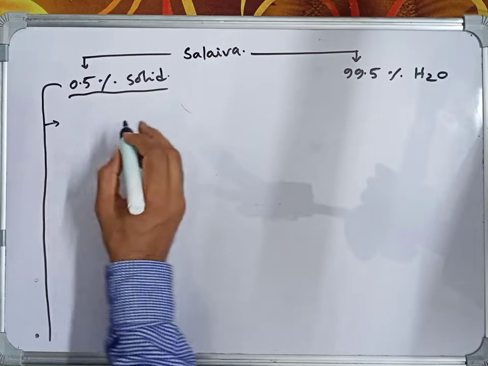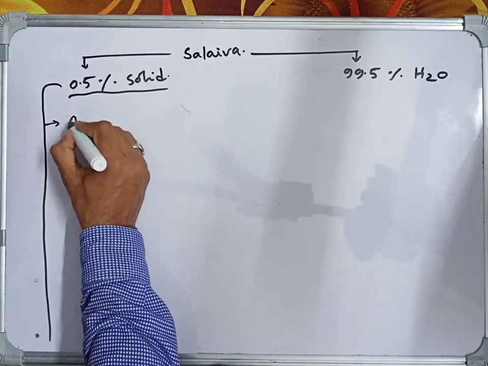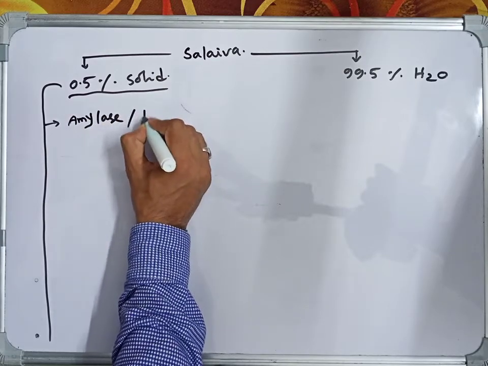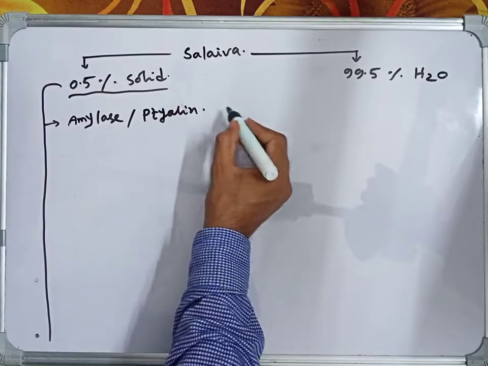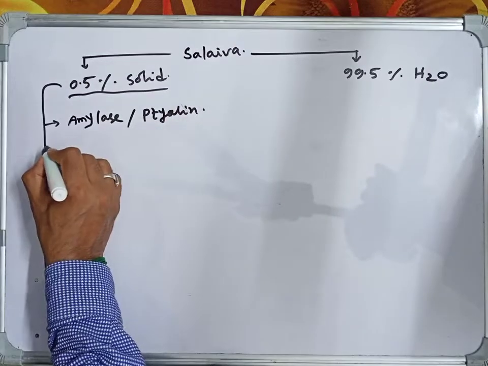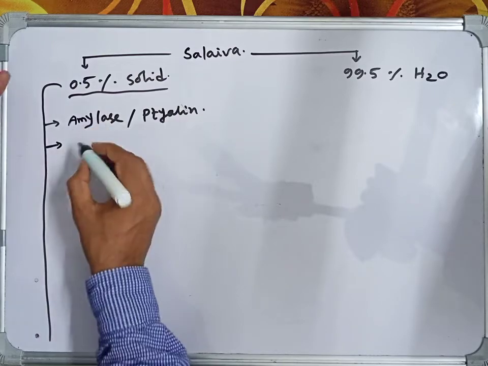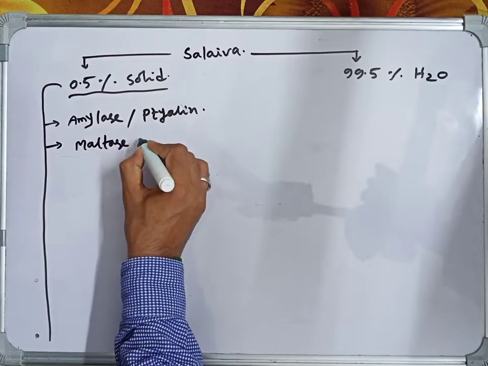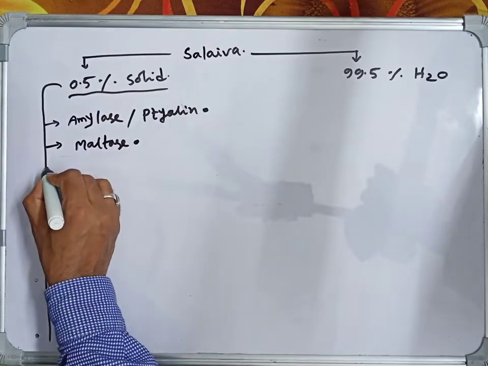Already you know that it contains amylase enzyme. Amylase is also called ptyalin, and it is responsible for digestion of carbohydrate. Saliva also contains maltase, which is again responsible for digestion of carbohydrate.